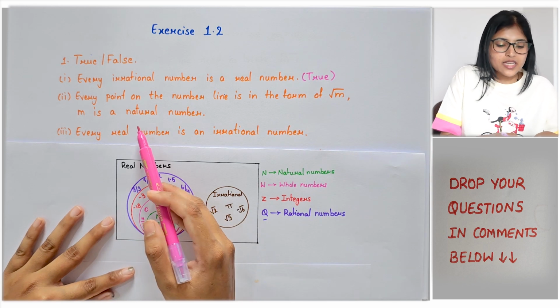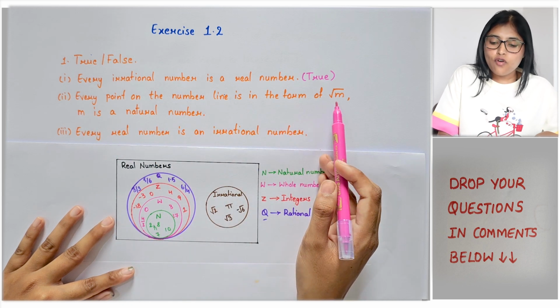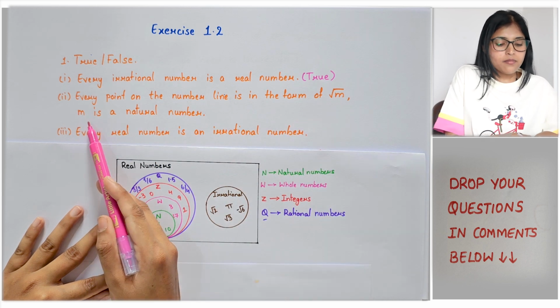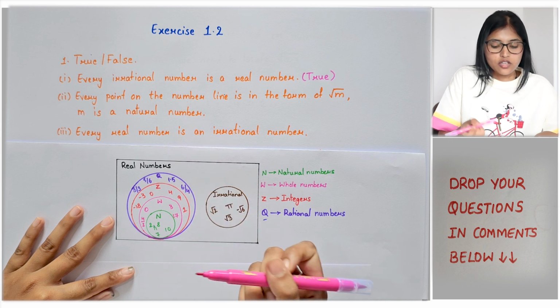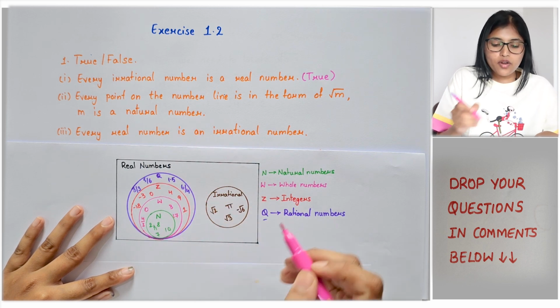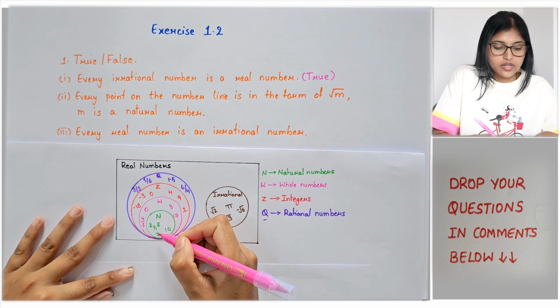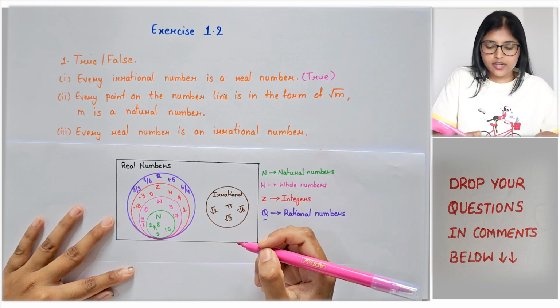Now the second question says every point on the number line is in the form of under root m, where m is a natural number. So this point is arguing that every point on the number line is in the form of under root m, where m is a natural number. Is this correct?